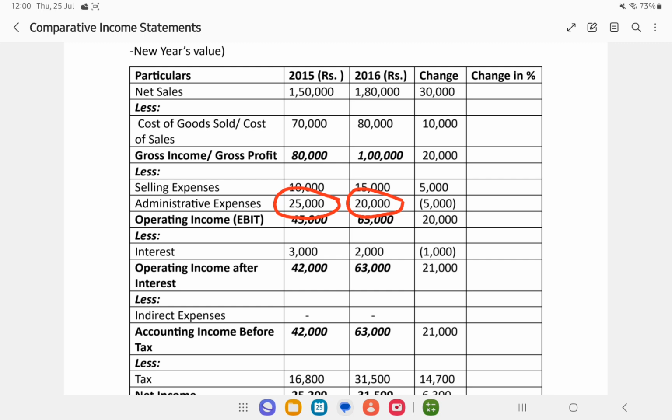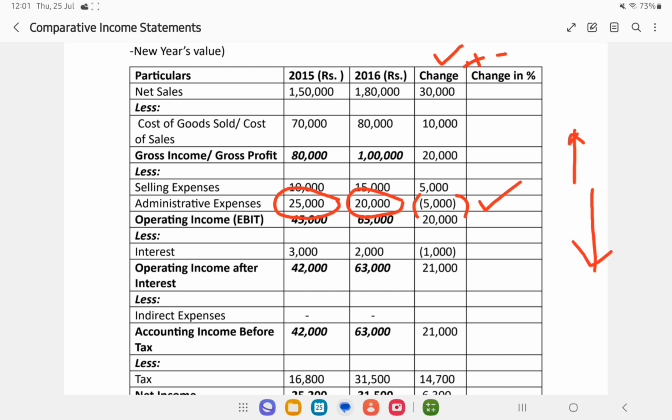When a decrease happened, when you write the change, please put it in a bracket. We are not stating whether it increased or decreased here. We are just mentioning the change. If it increased also, decreased also, it is a change. There is no doubt in that. But we need to know whether it increased upward or decreased downward.